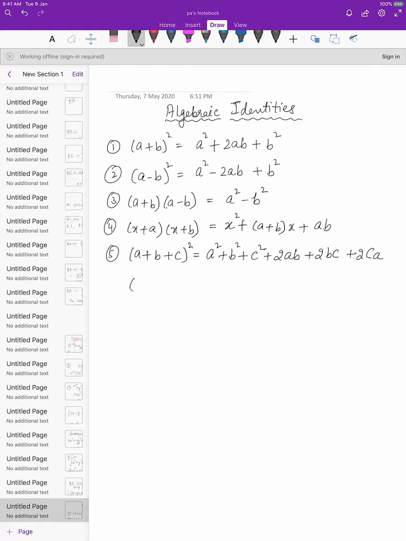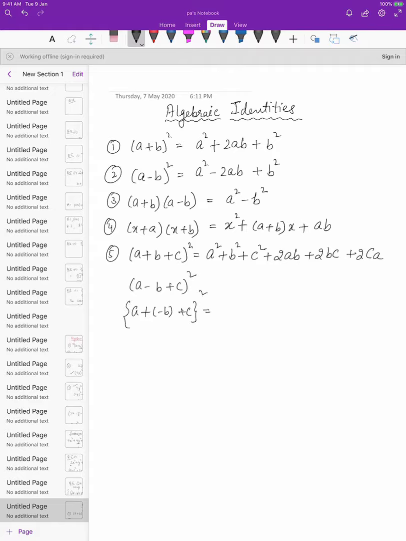In some of the books you will find identities like this. There is a separate identity for (a minus b plus c) whole square. As I told you, there is absolutely no need to learn separate identities for these, because (a minus b plus c) whole square can also be written as (a plus minus b plus c) whole square.